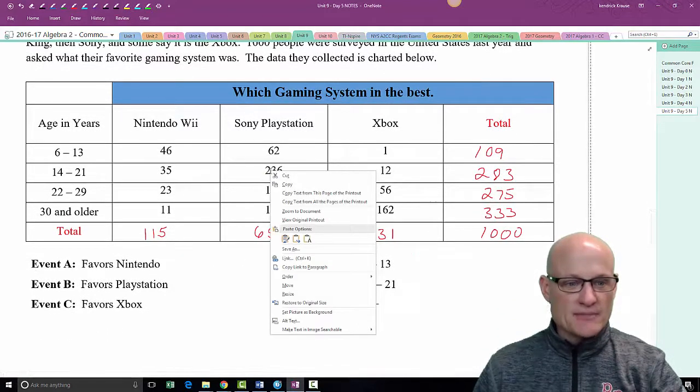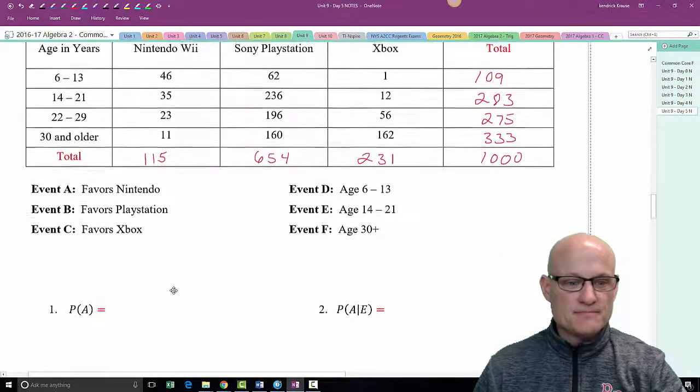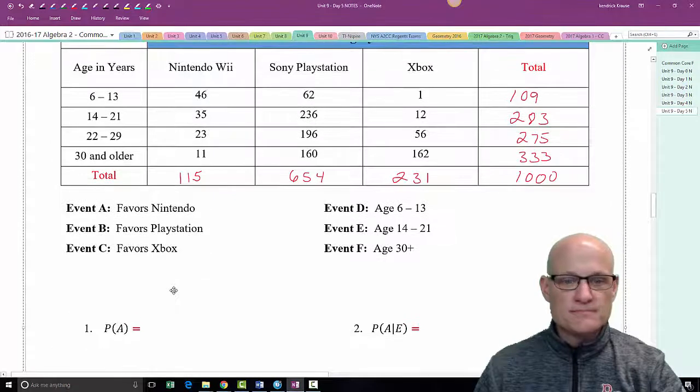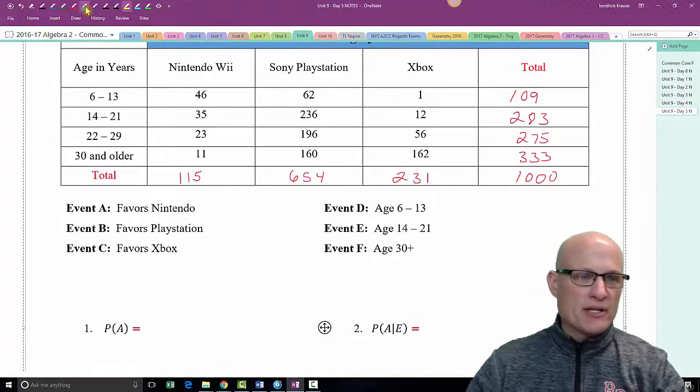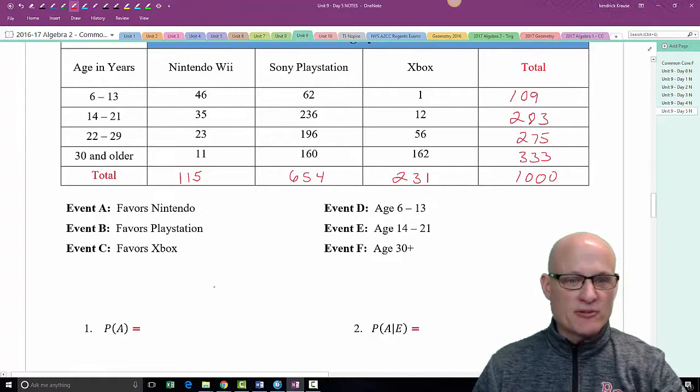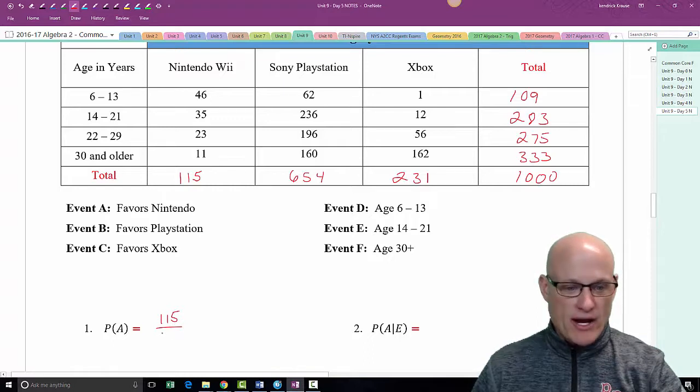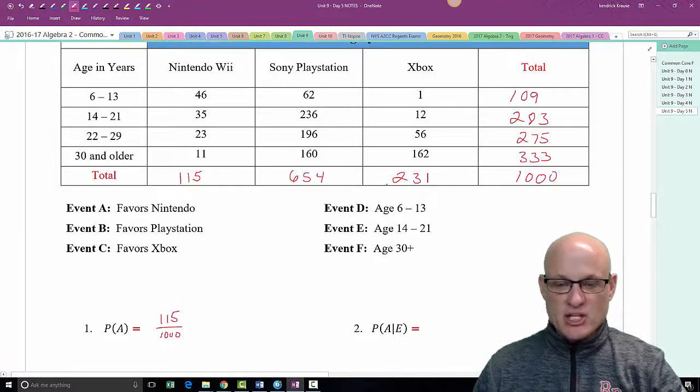So let's see what we got here. Probability of A, favors Nintendo: 115 out of a grand total of 1,000. Next, we're already starting into the conditional probability.